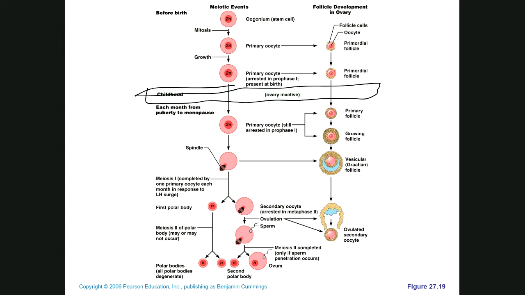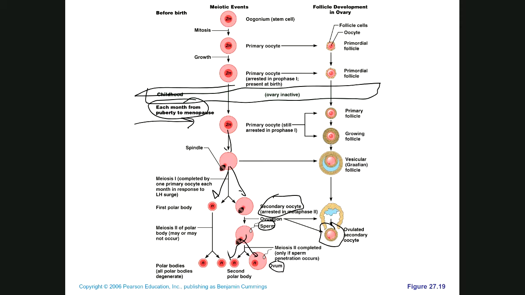But when you do reach puberty, each month, every 28 days, some of these are going to restart the process. And so we're going to finish that. We're going to get division. Now we have a secondary oocyte. Remember, that's what's ovulated. And if a sperm comes along, then we're going to finish the process completely so that we have an ovum.